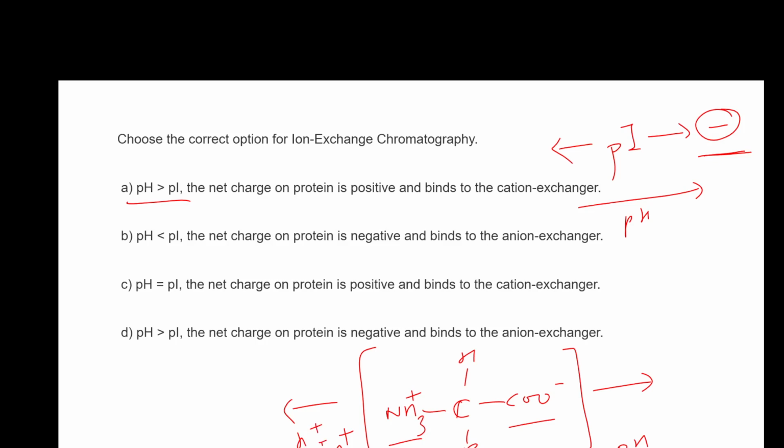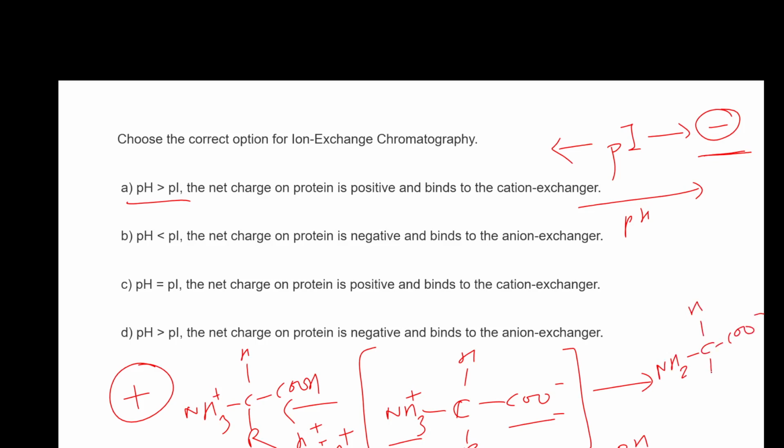So that time it becomes like this: COOH accepts the H, and the net charge becomes positive at lower pH. However, at higher pH, the tendency of the amino acid to lose hydrogen ions becomes more, and it looks something like this.